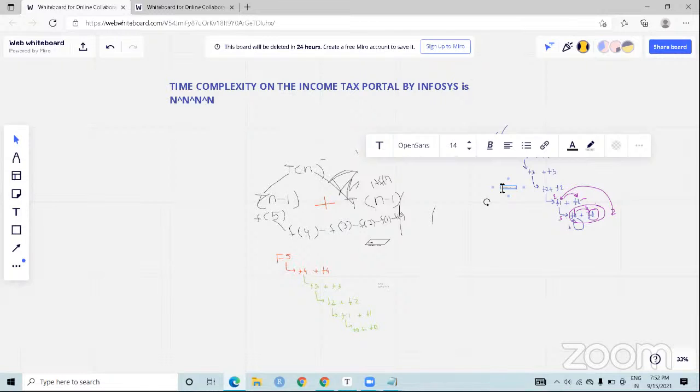Suppose we have n equal to 5 here, and suppose we have n equal to 100, how do you calculate this?